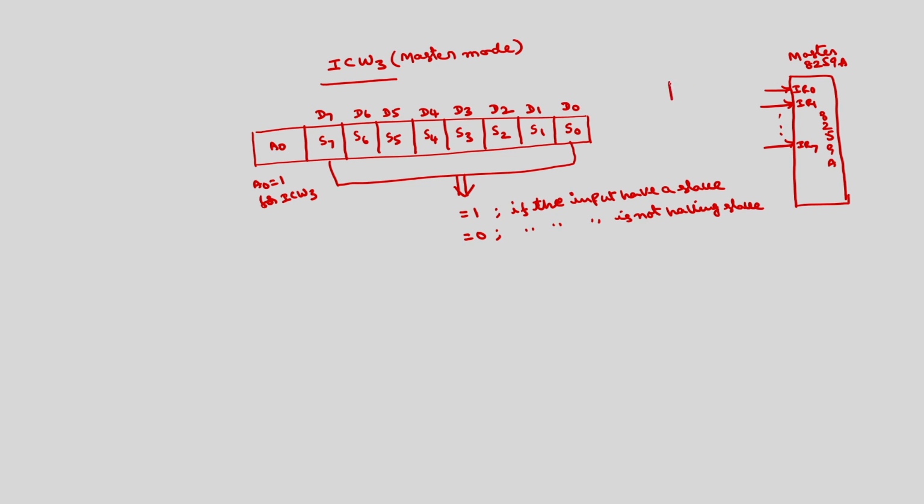If I connect a slave 8259A to this IR, with the INT of the slave connected to an IR of the master, then the S0 bit will be 1, indicating that there is a slave connected to IR 0. If there is no slave connected to IR 1, then the S1 bit will be 0, indicating there is no slave. If only one slave is connected to IR 0, then S0 will be 1 and all remaining bits will be zeros.